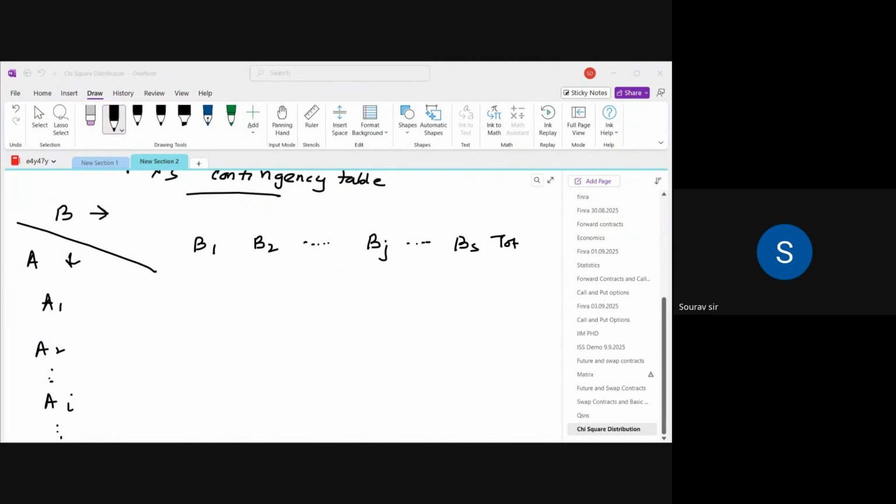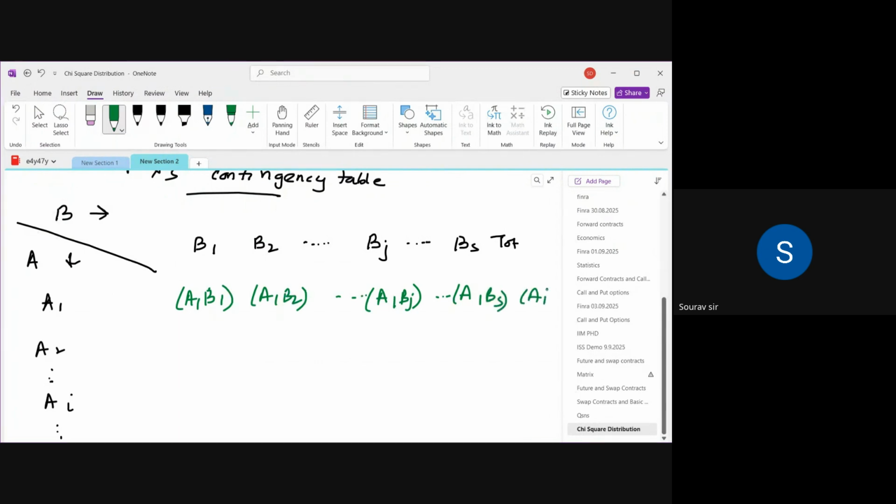So for A1, B1, obviously we put A1B1, A1B2, dot, dot, dot, A1Bj, again A1Bs.